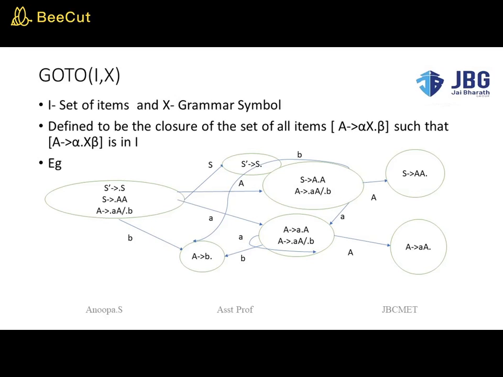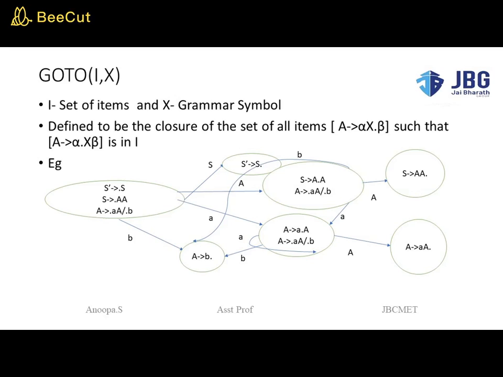Those two together form the closure. Now for that we move the dot operator one to the right of small a, that is why we have marked small a on that arrow. Similarly we have to move the dot operator one to the right of small b, so we got A giving b., and the arrow is marked with small b.